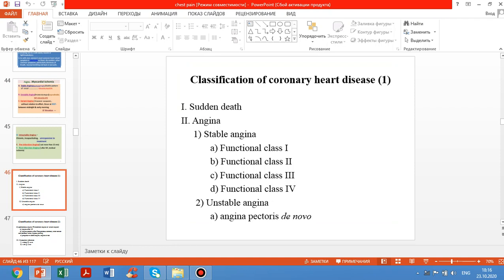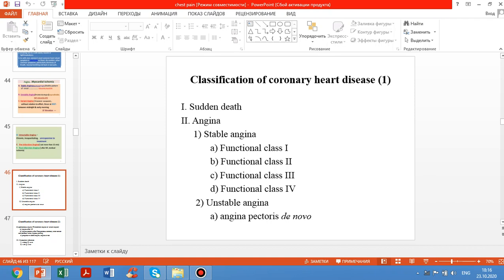Now I will introduce to your kind attention the classification of ischemic heart disease. First is sudden death. The second is angina. Stable angina has 4 functional classes: first, second, third, and fourth.